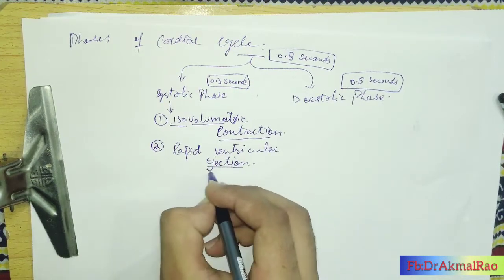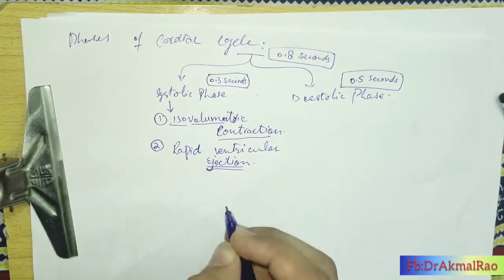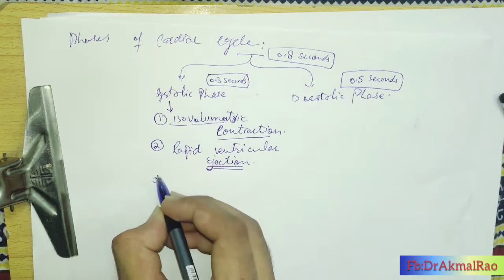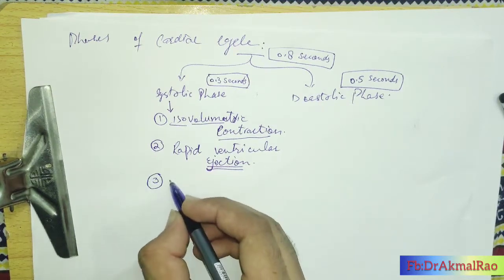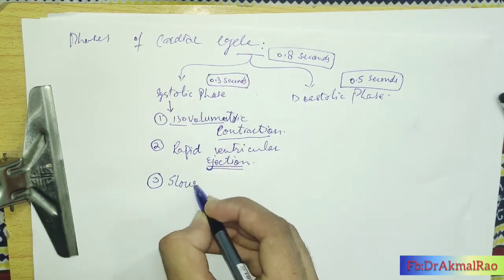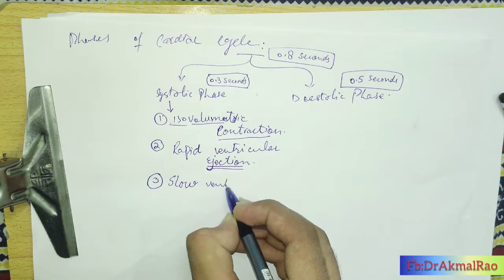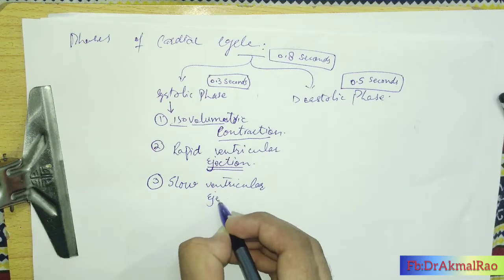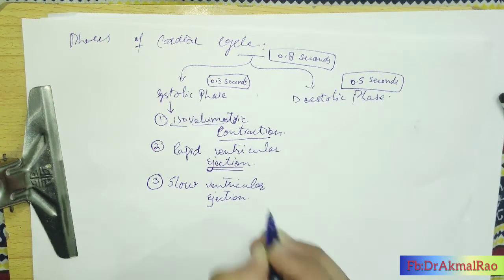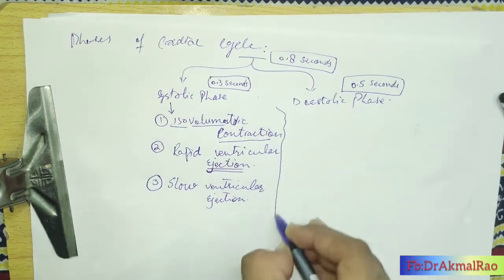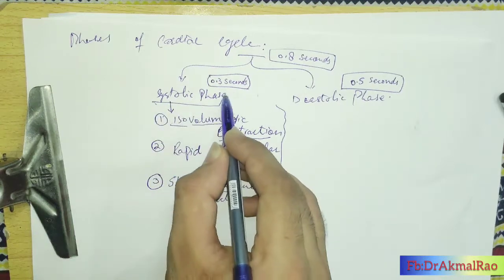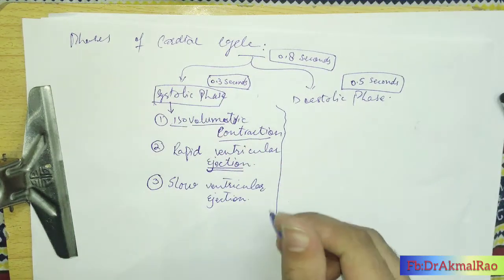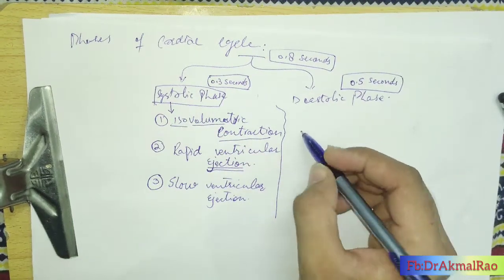Remember this word, ejection. It means the heart is pumping. And the third is slow ventricular ejection. This was the systolic phase.